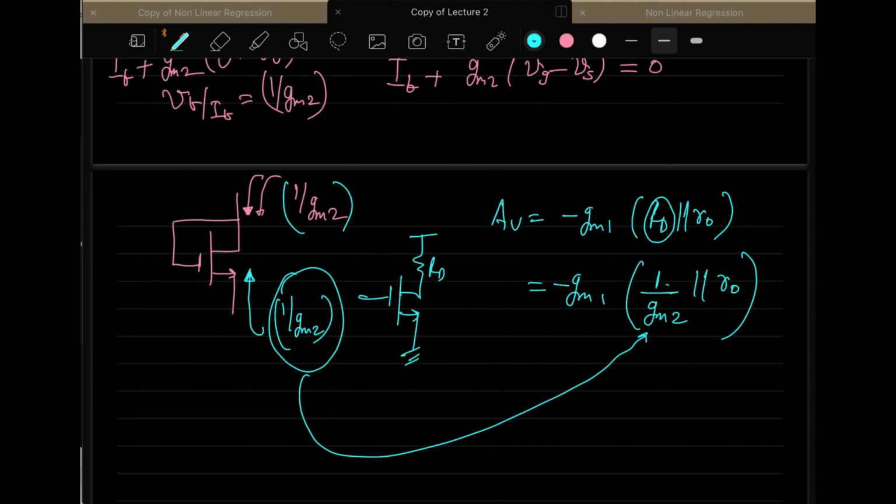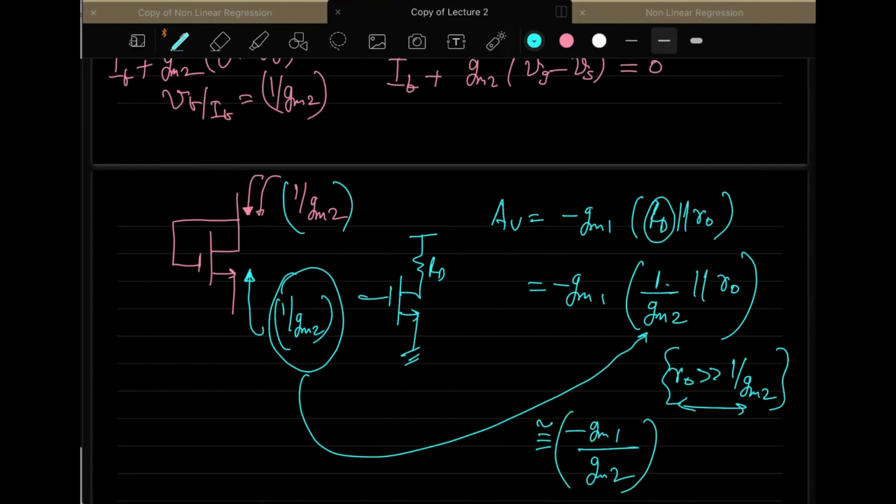And normally it has been found that RO is much greater than 1 upon gm2. This is universal actually. The output resistance is much higher than 1 upon gm2. So if that is the case, you can approximate it as gm1 over gm2, like this. So this is your gain.